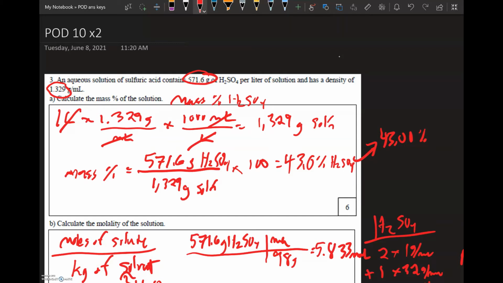So that's why your answer should be 4 sig figs. The way it's written out here, this is 3 sig figs, and this one is 4 sig figs because the 2 zeros on the end count along with the 4 and the 3.